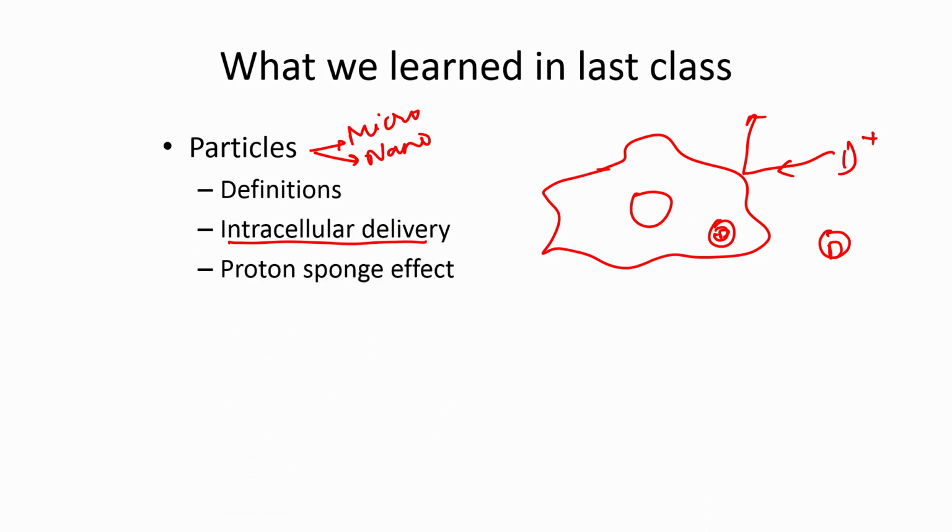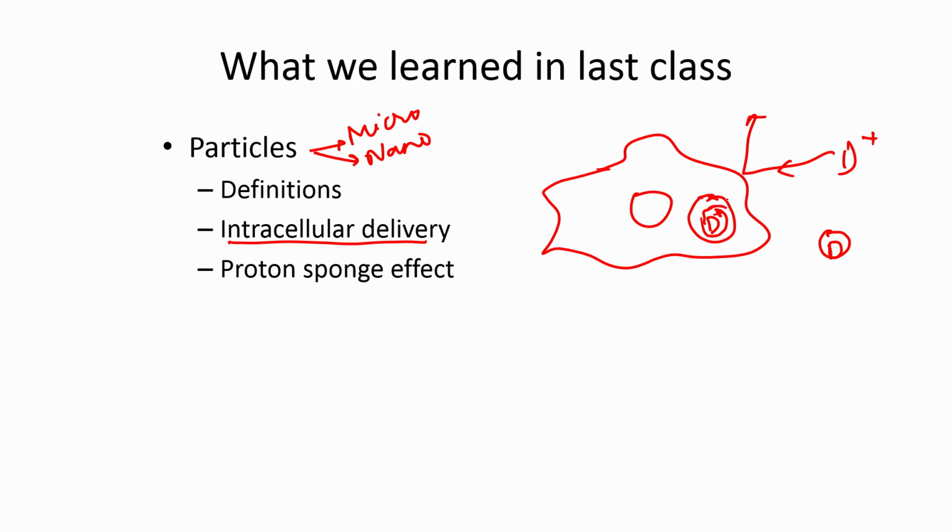Then we talked about the proton sponge effect. So what was the proton sponge effect? Zooming in, if we have, let us say, a vesicle containing particles, these vesicles will have to burst for the particles to come out into the intracellular environment, because we do not really want to deliver most of the drugs to these endosomes and lysosomes, which are very toxic to these drugs.